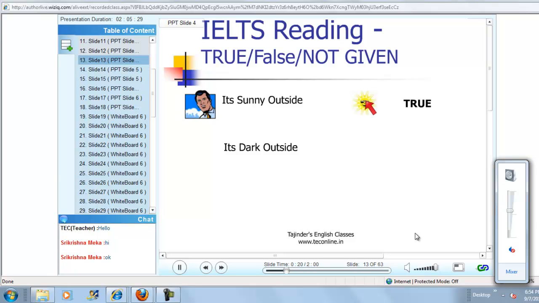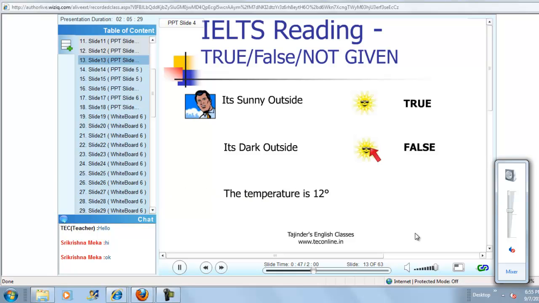In case the statement is it's dark outside, but the verification simply contradicts this, this is a sheer contradiction, because the verification says that it is a simple day outside. So in such a contradiction, the answer will become false.